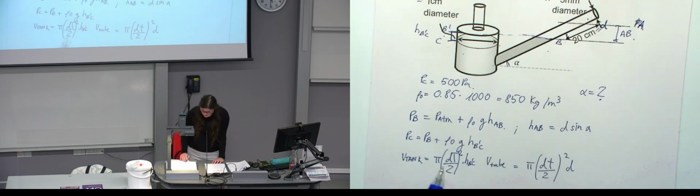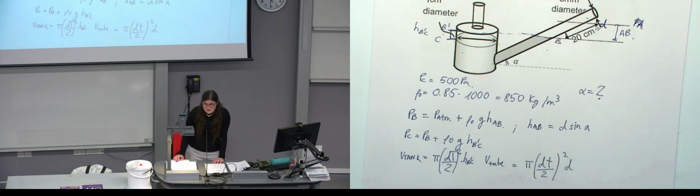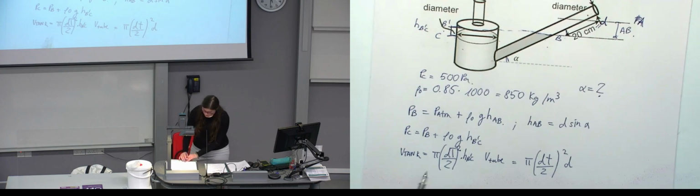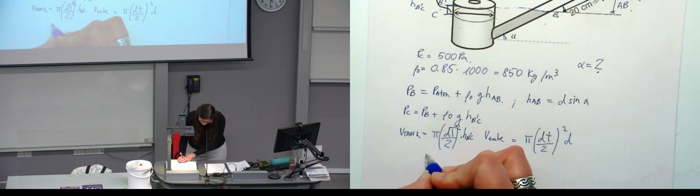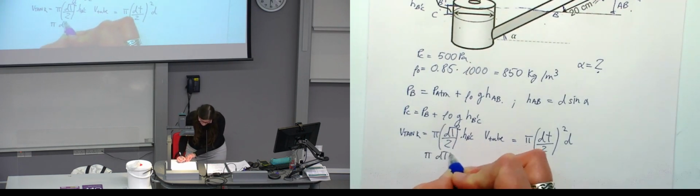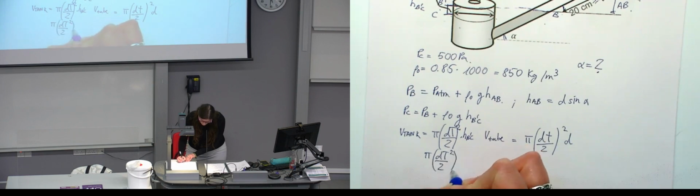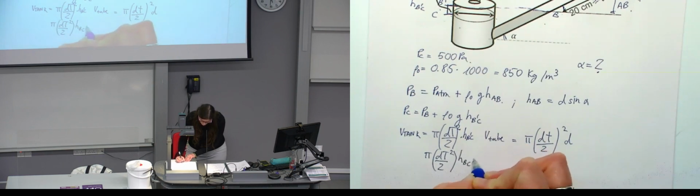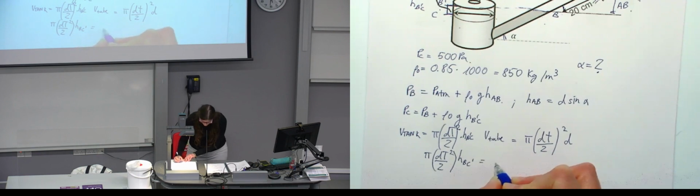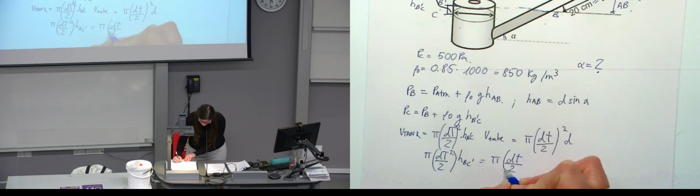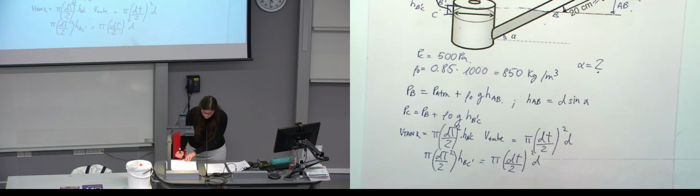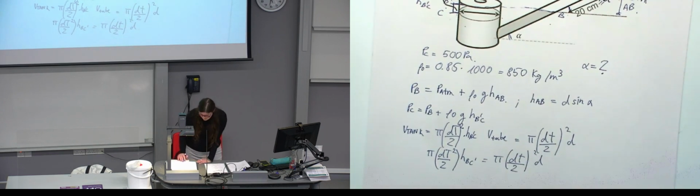So now we know that these two volumes have to be the same, so we can just put these two equations together. So pi dt squared divided by 2 by HBC prime is equal to pi dt divided by 2 squared by d. So then from here we can isolate HBC.